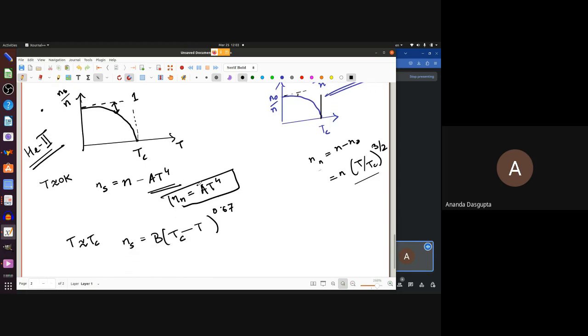You will get a TC minus T to the power something if you do the approximation right, but that number will be very different from 0.67. So although on the face of it the BEC curve and the superfluid versus total fluid curve in helium 2 look very similar, the details are pretty different.